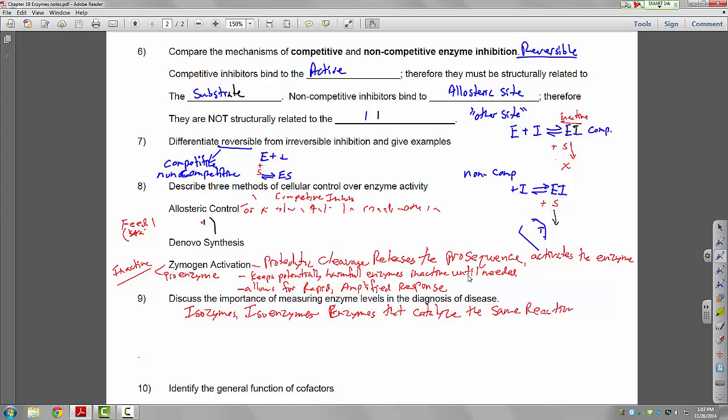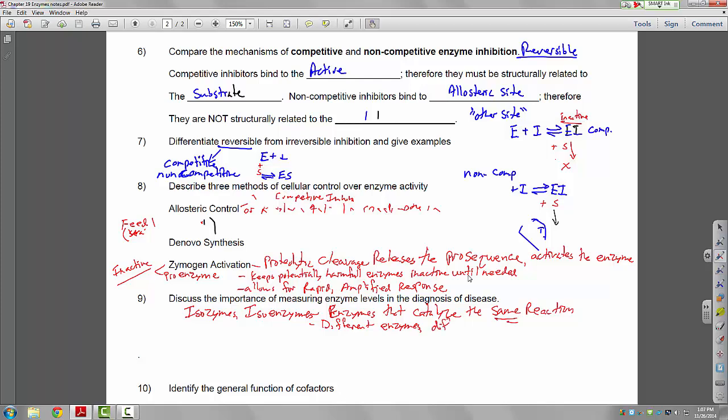So maybe have two different enzymes. We talked about salivary amylase or pancreatic amylase. There are two actually different enzymes. One is excreted from your salivary glands, one is excreted from your pancreas. So they catalyze the same reaction. That's what's the same about them, but they're different enzymes. So what does that mean?